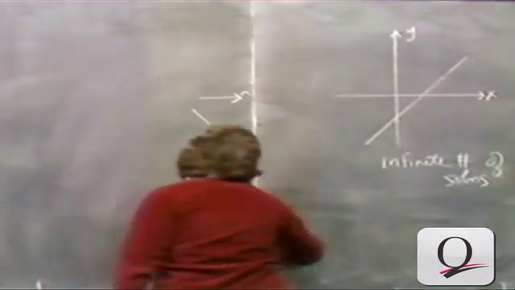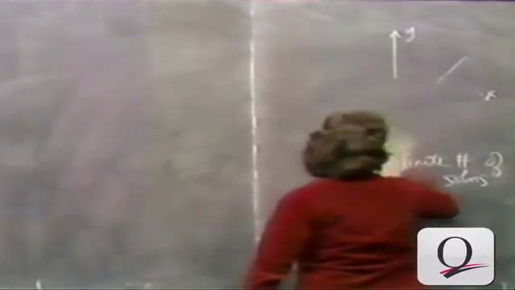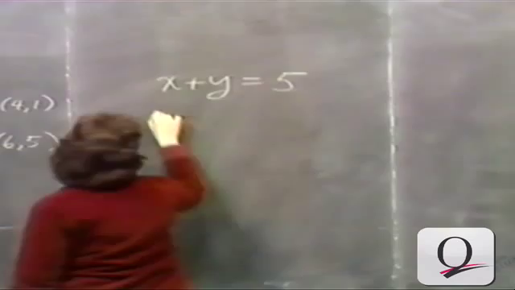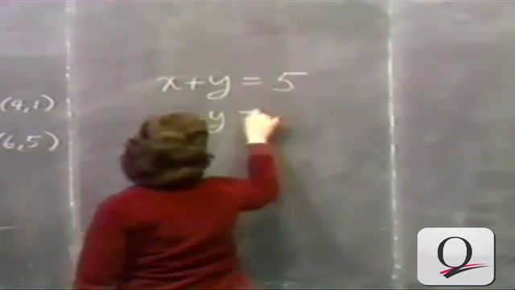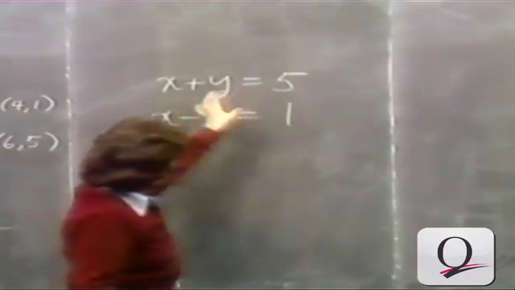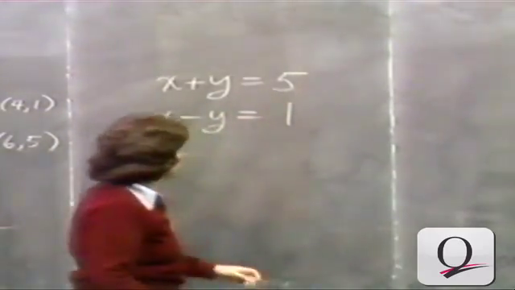Now, to use the method of elimination, we have to recall the properties of equality. What we're going to do here is assume, well, we have x plus y equals 5, x minus y equals 1. We're going to assume that there is a pair of values, x and y, that make both of these true at the same time.